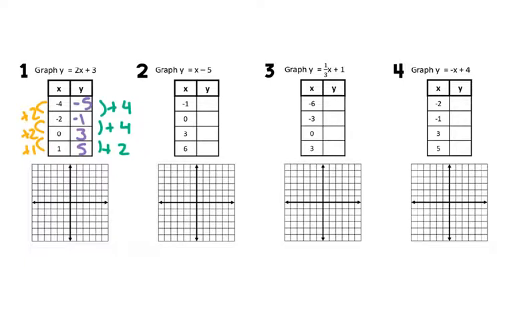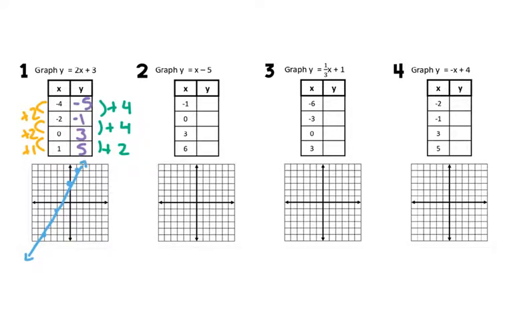So negative 4 to negative 5, negative 2 to negative 1, 0, 3, and 1, 5. So if we're looking at this, we'll notice that this did in fact create a straight line.